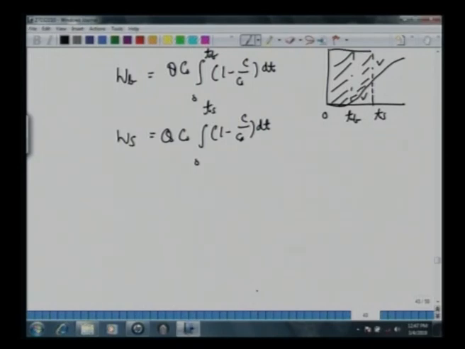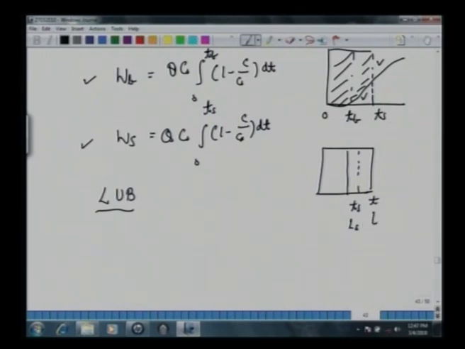Okay, and once we are convinced about WB and WS, one should go back and calculate LUB, the length of unused bed. What was the length of unused bed? We said it is from TS to this final T, or LS to the final L. So LUB, going from the same definitions, was L minus LS, total column minus LS, with the same cross sectional area.